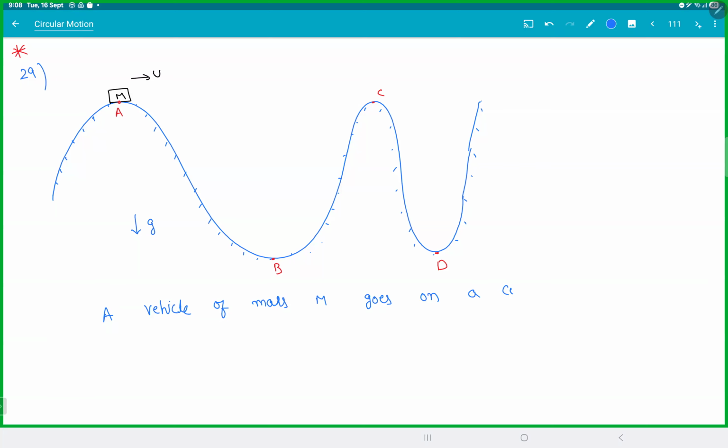The block goes on a curved track without losing contact, so it will not fly away. It is going with a constant speed u. Speed is not changing.